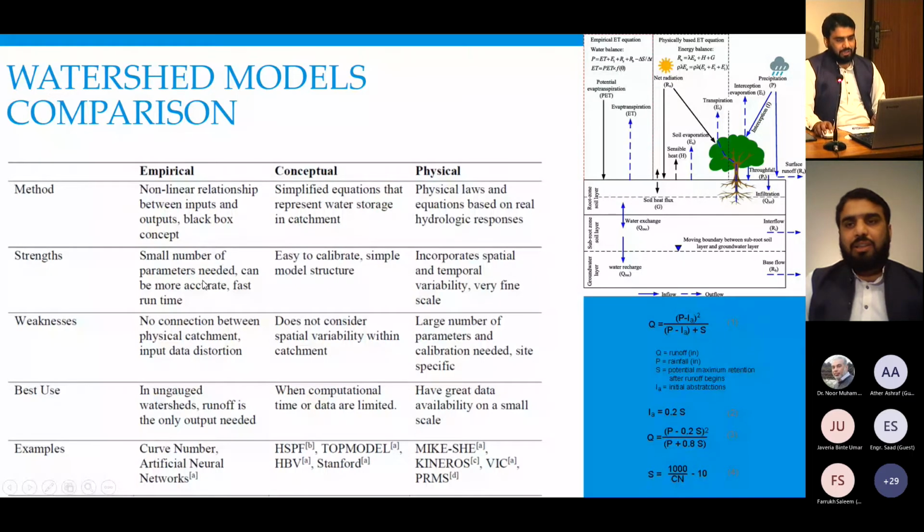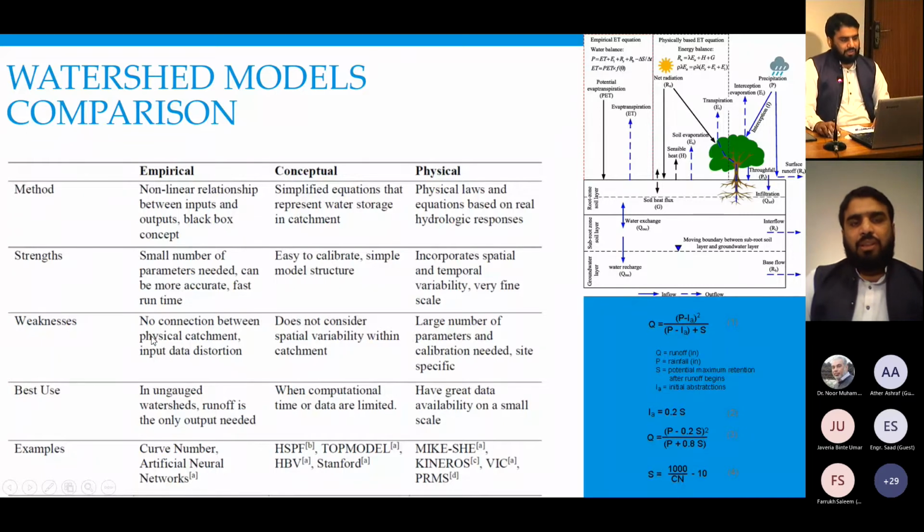Whereas in the upper side, you can see you need a large number of processes. However, it incorporates the physical phenomena, the actual phenomena that are happening in the watershed. The conceptual model is easy to calibrate and has simple model structures.